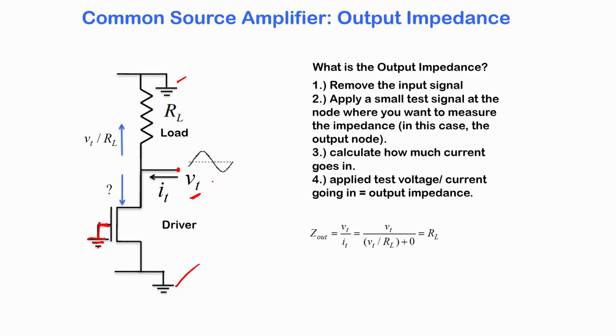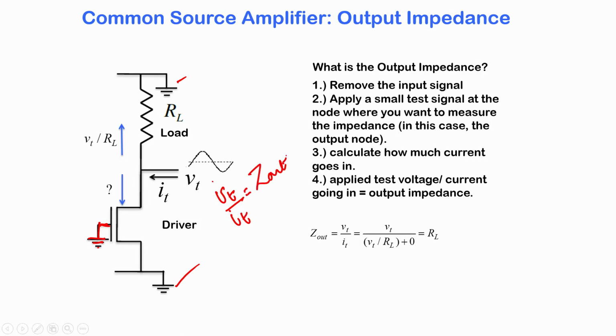It is an artifact, a thought experiment, and we will try to calculate the current that will go inside this circuit. This small signal test voltage divided by the small signal current will be our output impedance of the circuit.